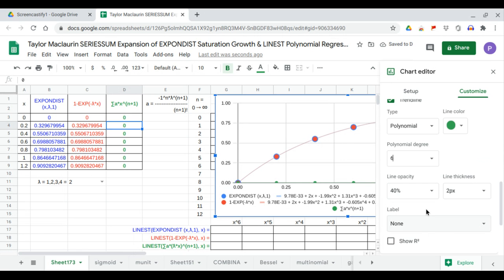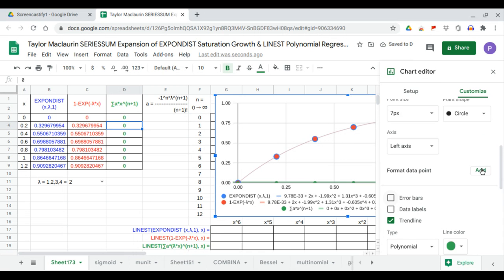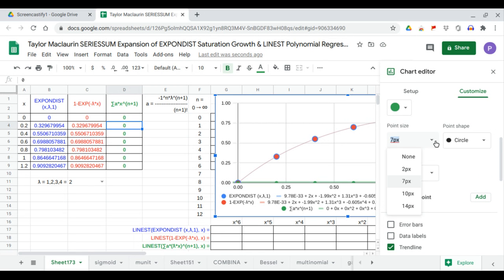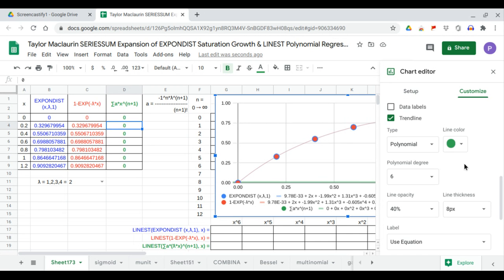And we show the equation as label. There's the equation. But this time the thickness will be maximum, and the point size will be none, because this is our reference, this is only an approximation.